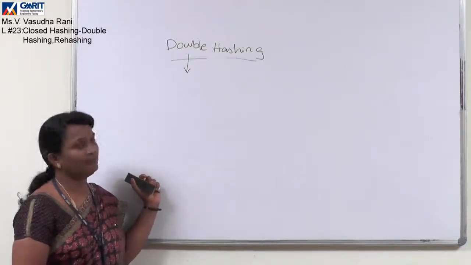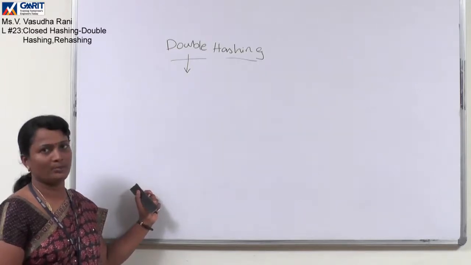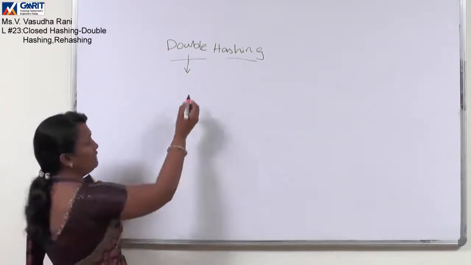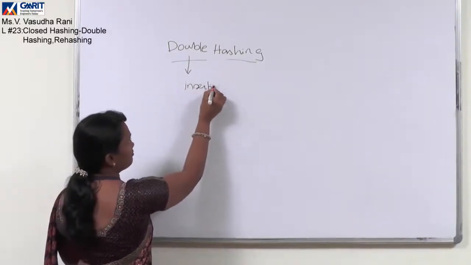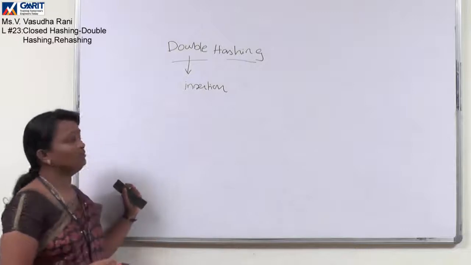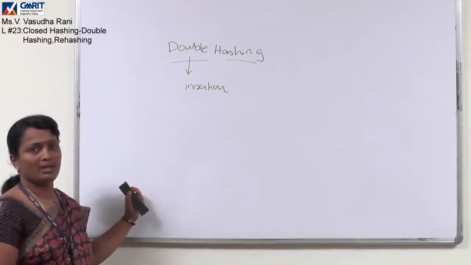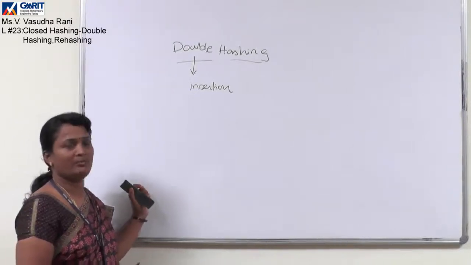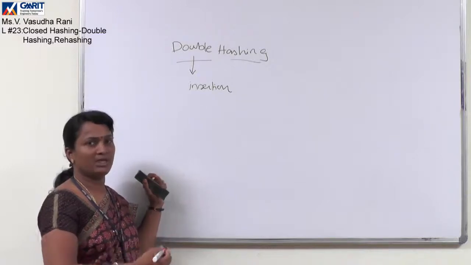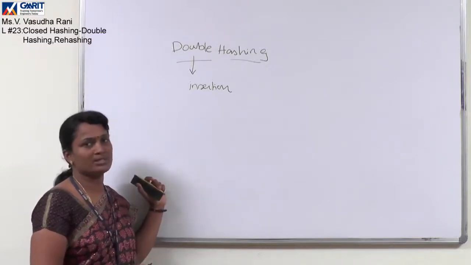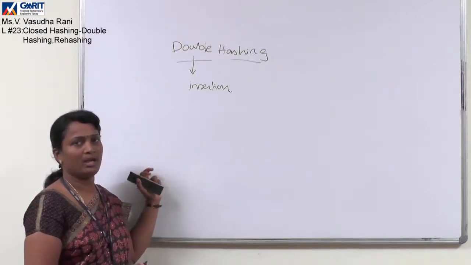As we have seen with the earlier two techniques, linear probing and quadratic probing, when we are doing the insertion operation, inserting new tuples into hash tables, sometimes a collision may occur in such a way that for two different keys the same index may be generated. That is the drawback we are finding with the hash table.